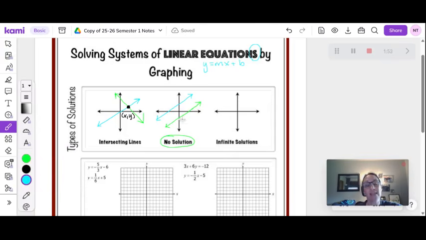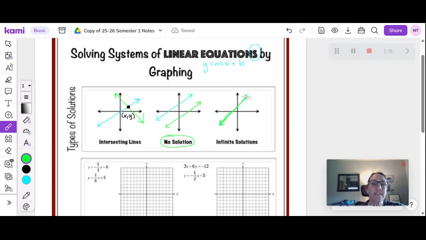Now, the last kind of answer that we could have is if we graphed a line and then we went and graphed another line and it ended up being the same exact line. So pretend with me that I am able to actually draw over it like that.